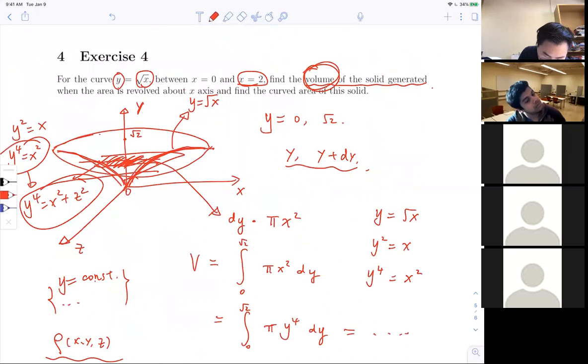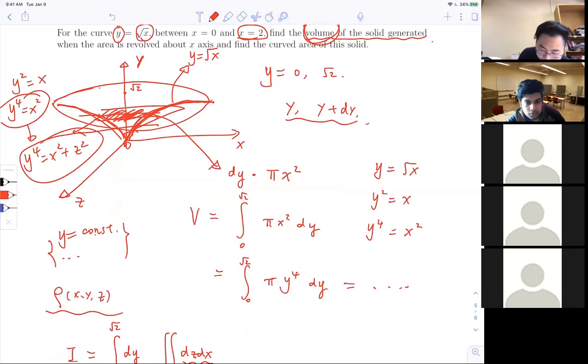Whenever you have a shape, you have a line revolved around some axis. First, you know the expression of this line, which is y equal to square root of x, right? When you revolve this line around some axis, you always need to square it.